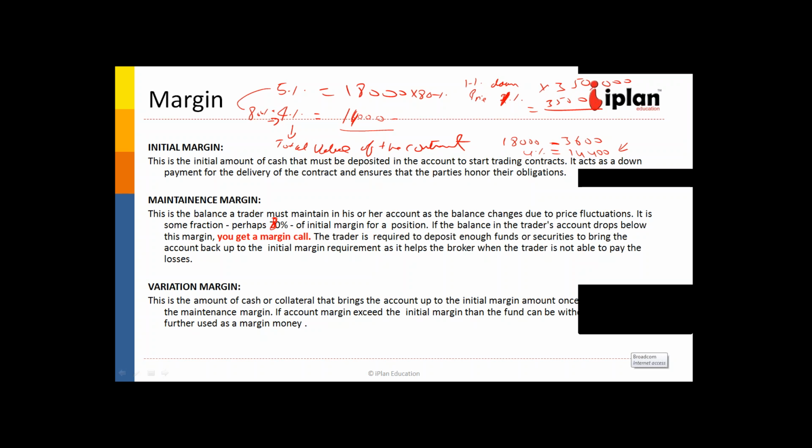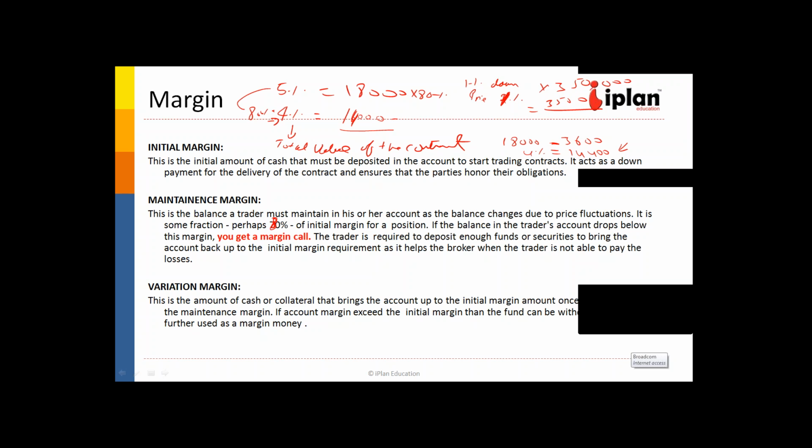We're going to discuss all those things, when should we do it. However, at this stage, I'll tell you only the concept of what is maintenance margin. This is the balance that has to be there in your trading account. If it falls below that, you get a margin call. Margin call means your broker dials the phone number you have provided and asks you to put in the money.